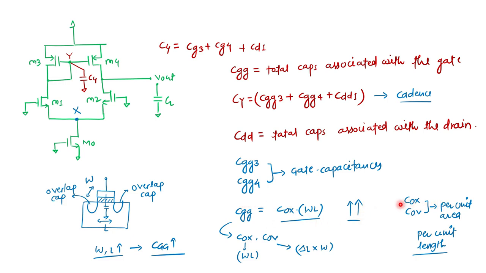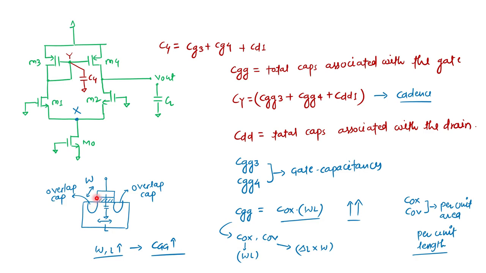In general, the oxide capacitance and overlap capacitance are per unit area, and some caps are also per unit length, which are the sidewall caps in the substrate part. I'm not going into detail on the device physics, but for the time being, I can draw a model, which is nothing but a MOS structure. Let's say it is an NPN.